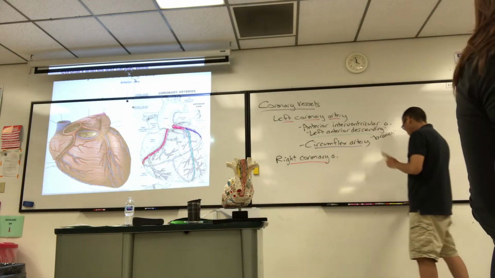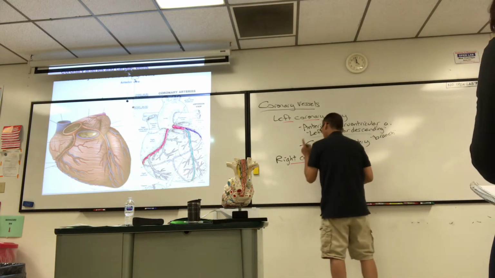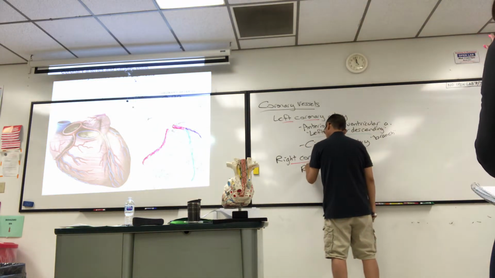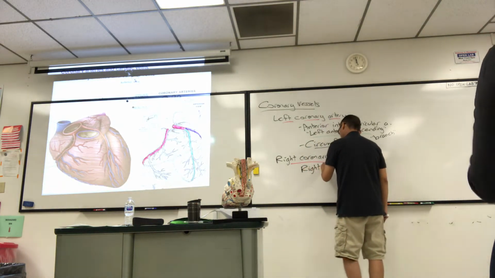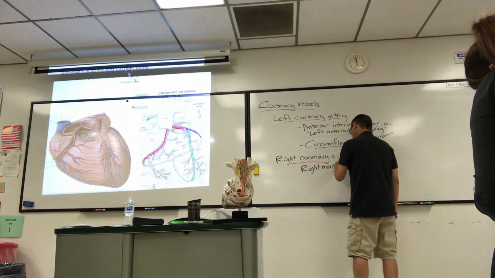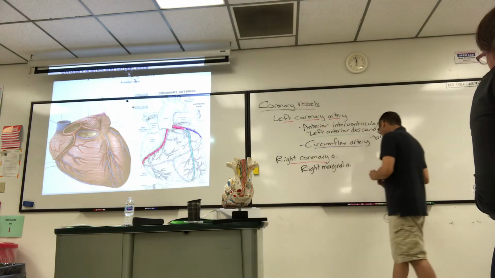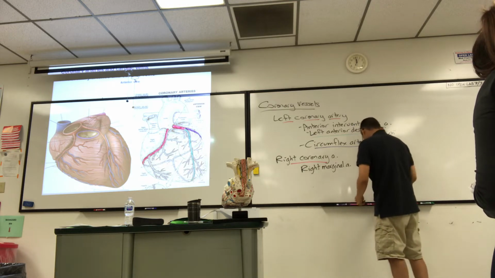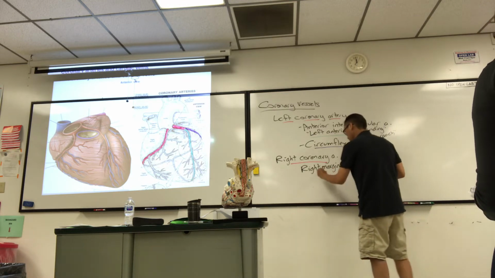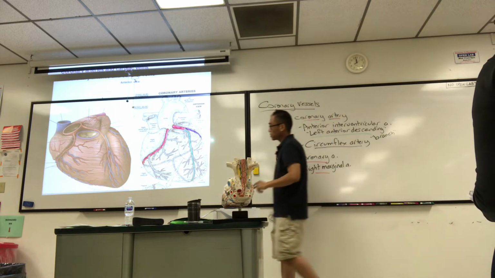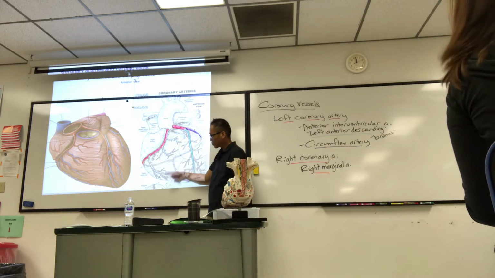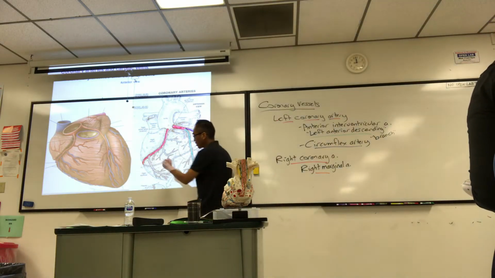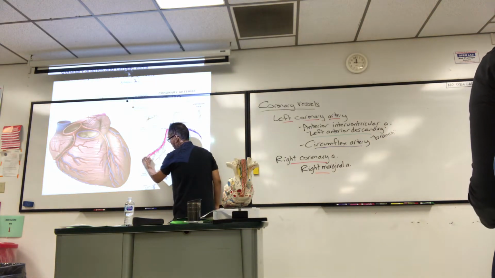One is the right marginal artery, branching off the right coronary artery. How about I use orange? So this is the right margin of the heart, and there's an artery that runs along that margin, and it branches off the right coronary artery.